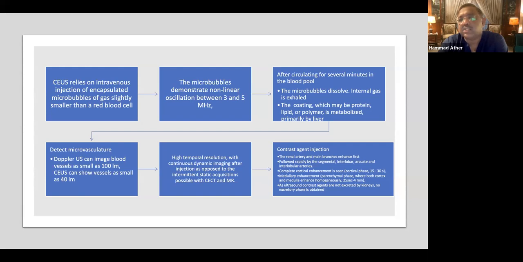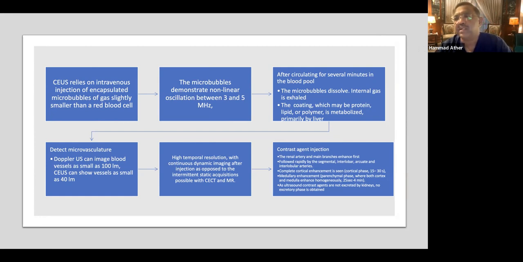The medullary enhancement follows and is seen between 25 seconds and about 4 minutes. And since it is not excreted by the kidneys, there is no delayed or excretory phase. So I'll stop here, and a few words from Dr. Basit on the technical issues that I have talked about, and then we'll proceed.